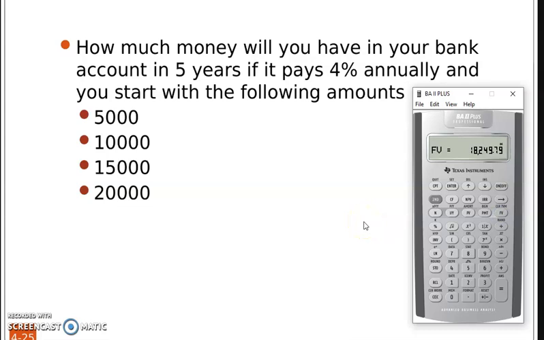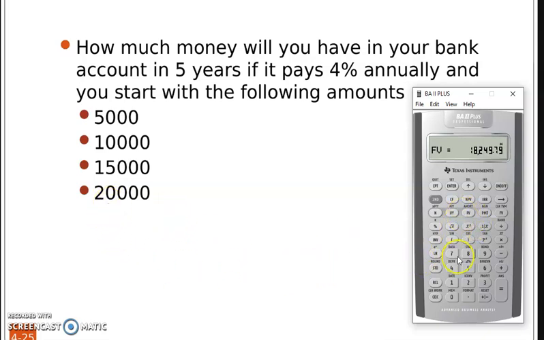So the future value of $15,000, which I'm going to invest today at time period t equal to 0, at the end of 5 years at 4% per annum is equal to 18,249.79.